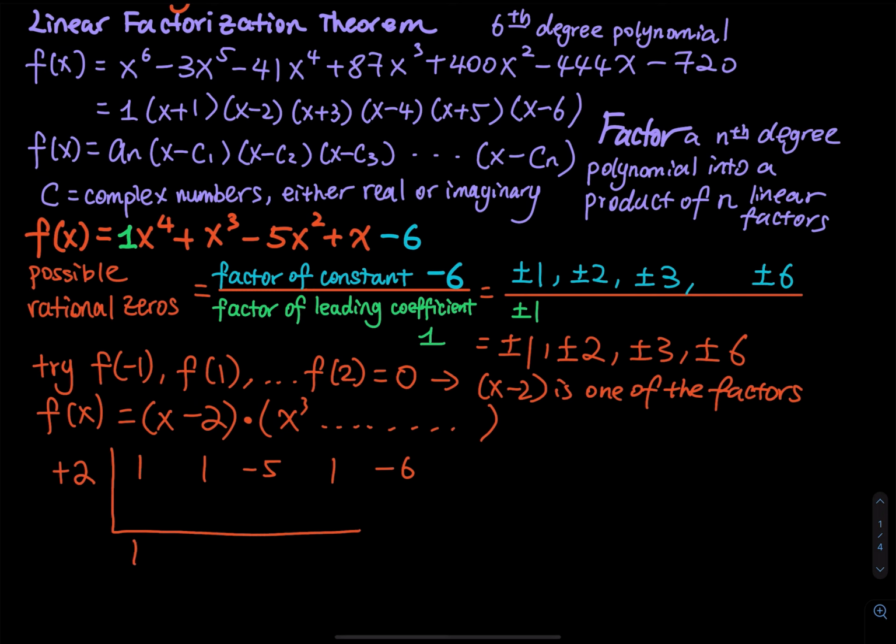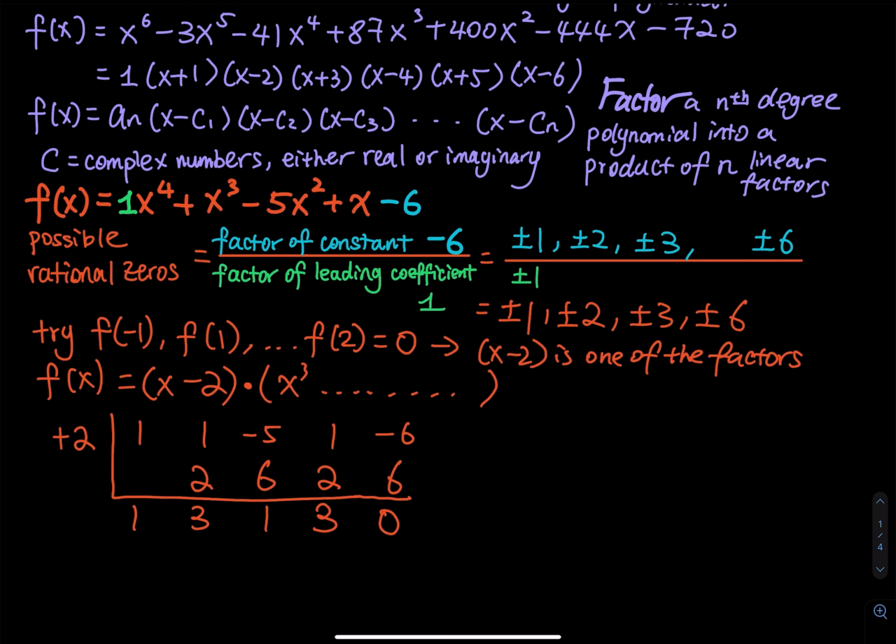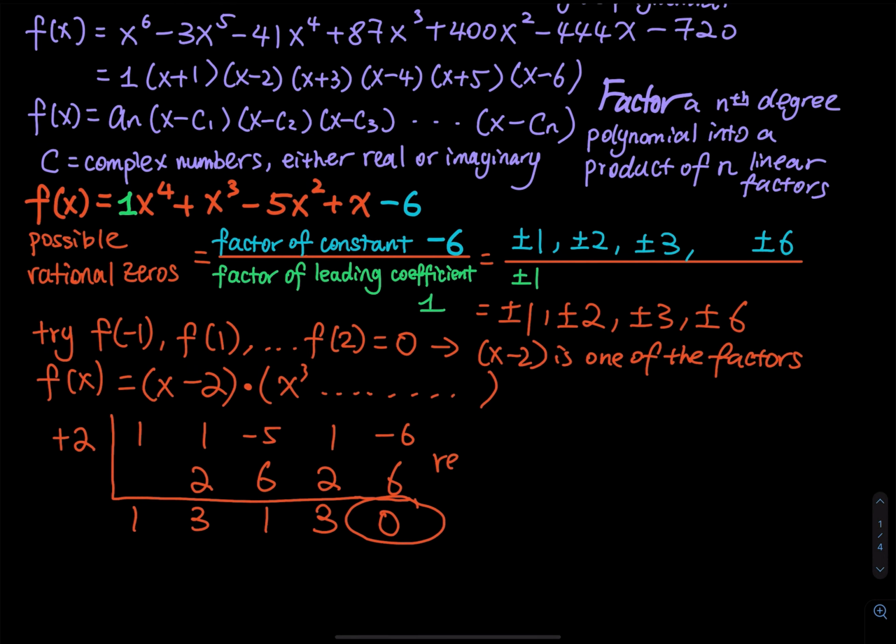You pull the 1 down, 1 times 2, 2 plus 1, 3 times 2 is 6, -5 plus 6 is equal to 1, 1 times 2, 1 plus 2 is 3, and then 3 times 2 is equal to 6, so you have a 6, and then -6 plus 6 is equal to 0, so this is a remainder. So remainder equals 0. What that means is x minus 2 is a factor.